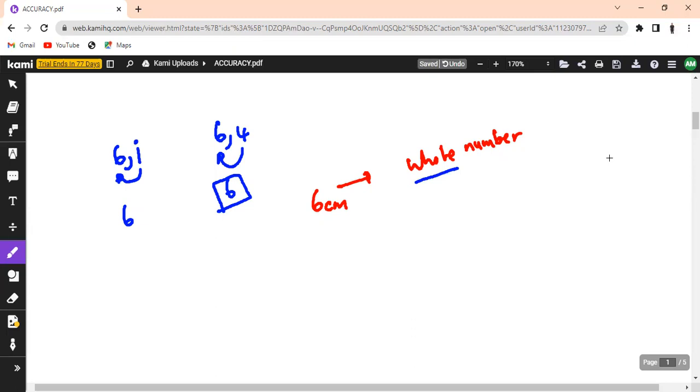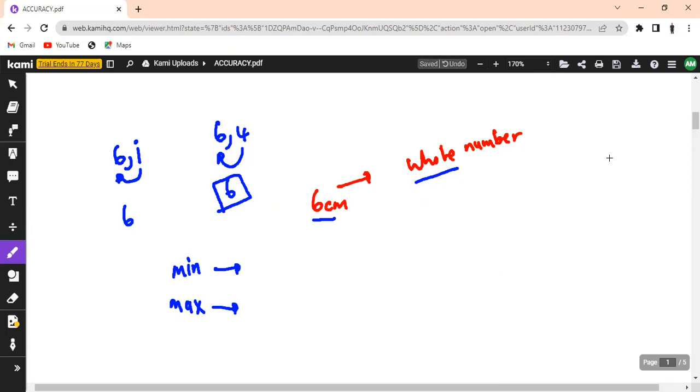So for this limit of accuracy, what you need is to know the minimum value and the maximum value. These are the most important things that you're supposed to understand. The minimum value, let us cross check our 6. What is going to be the minimum value that when we round off gives us the same value as 6?